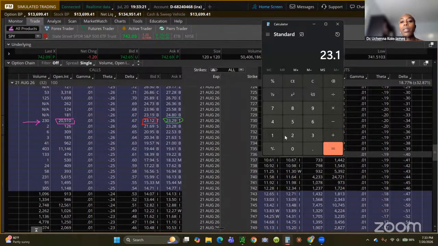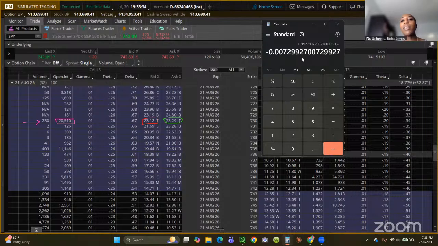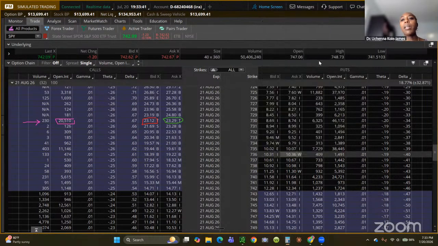So 23.12 divided by 23.29 equals, and then you could just go minus 1. So is this number less than 10%? Absolutely. Okay. It's way less than 10%.